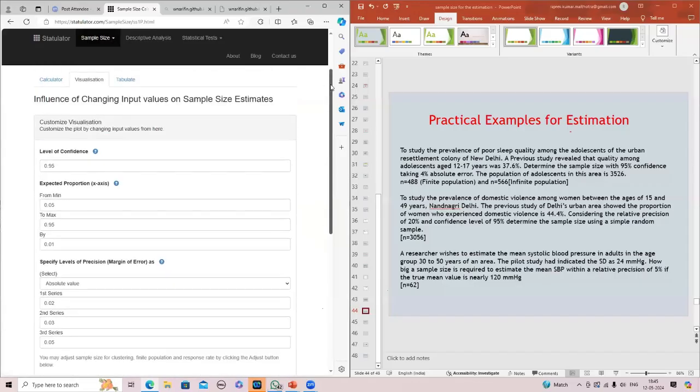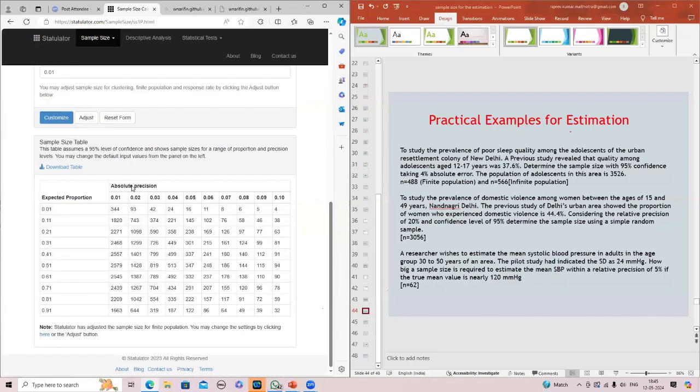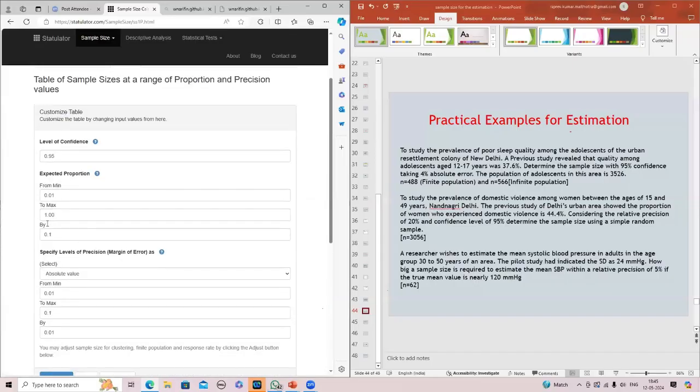Now, if you click on the tabular form, a table will appear. This is our expected proportion it is giving, and there is the absolute precision. These are different conditions, and there is a sample size. So you can find out from this if it is not adequate. You have some options for selecting others. Like instead of 0.38, you can check what is 0.31, or here you can change your table form.